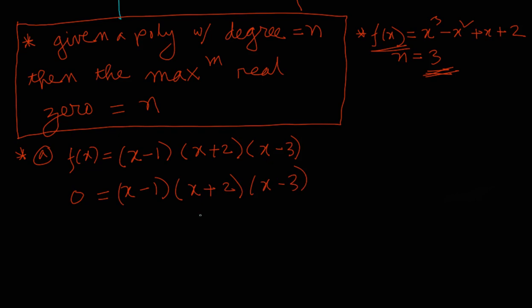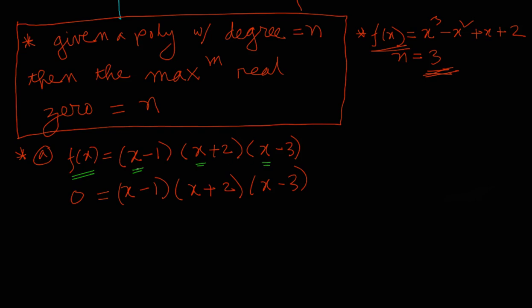Now first of all, let us try to find the degree of this polynomial function. You see here I have an x. Of course, I am not counting the −1; just count x here. Here I have an x, here I have an x.